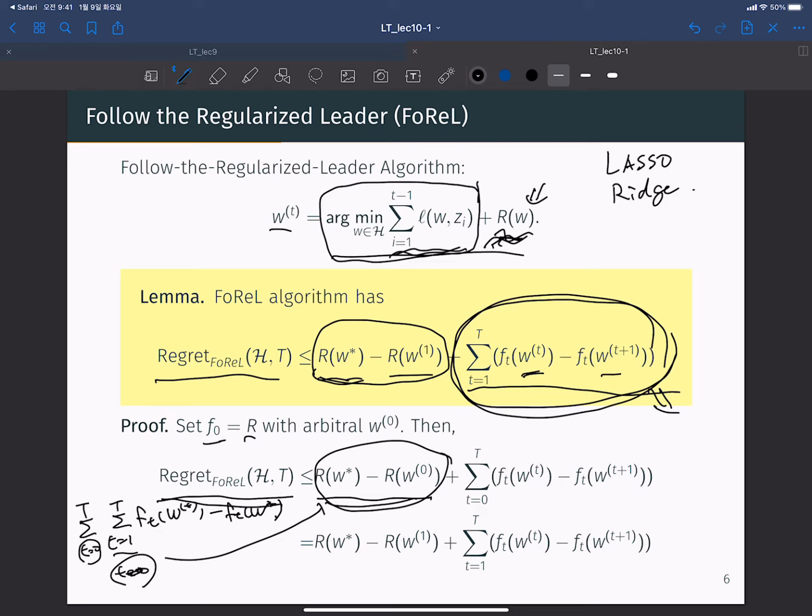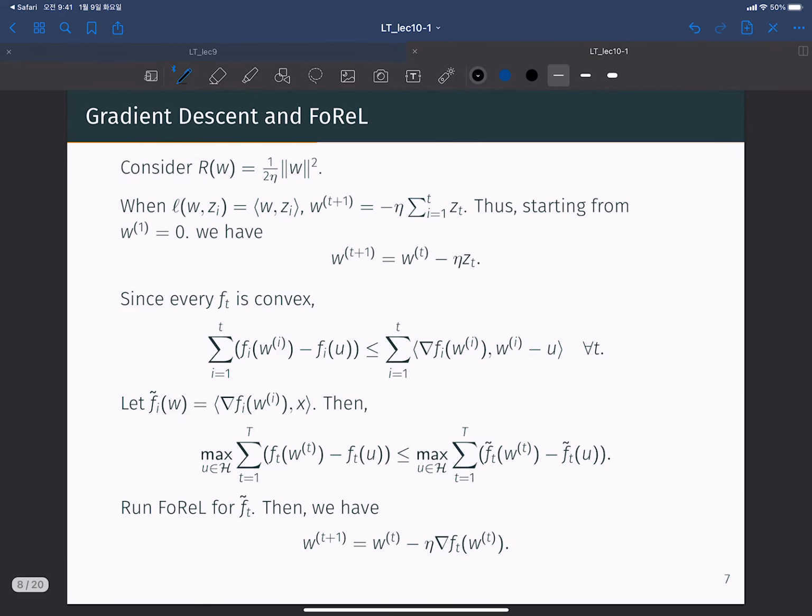That is R(w*) minus R(w_0). And then when we bring out the t equal to 0 term of this summation, we have this, right? So this lemma is very easy to show.